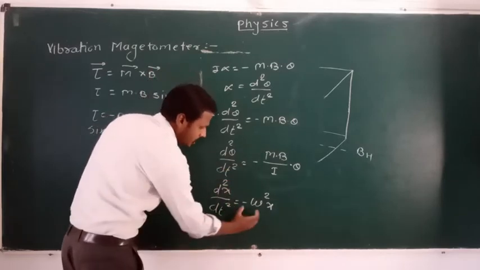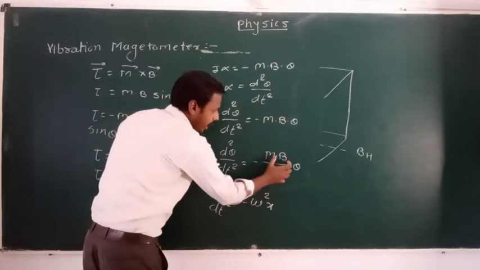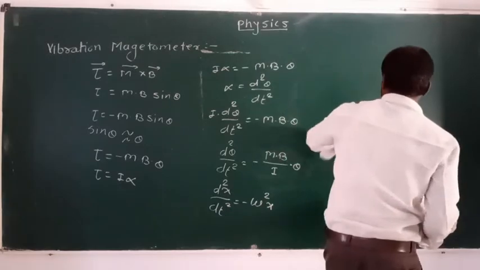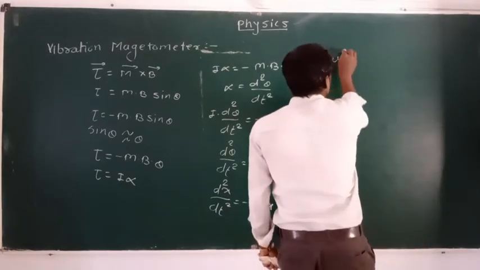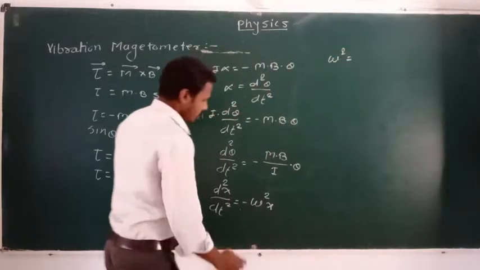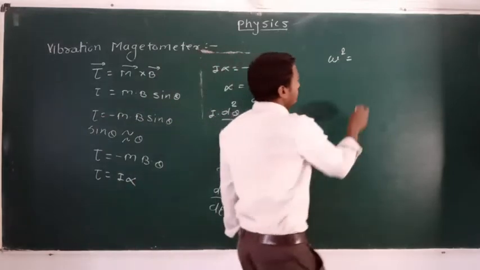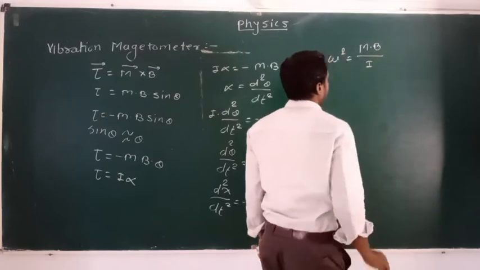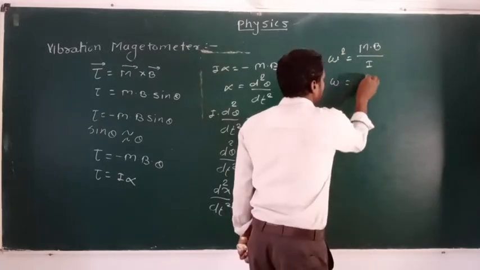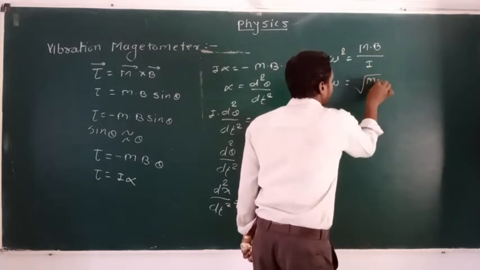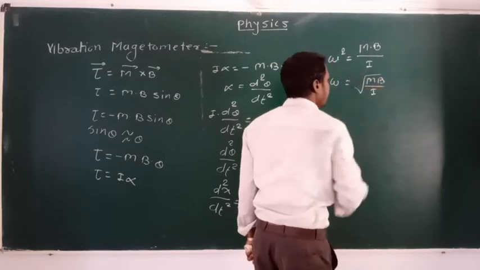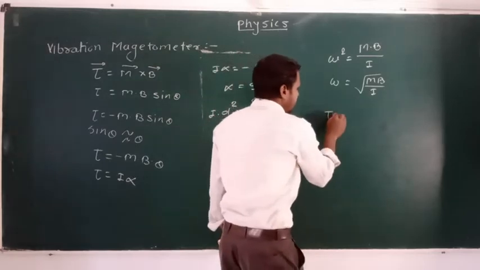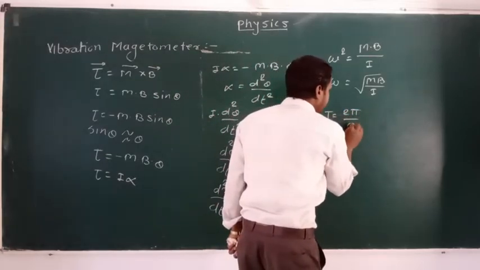For that purpose, omega square is equal to mb divided by I. Comparing these two equations, I can write omega square is equal to mb divided by I, that is, omega is equal to square root of mb divided by I. Basically we know that the time period t is equal to 2 pi divided by omega.